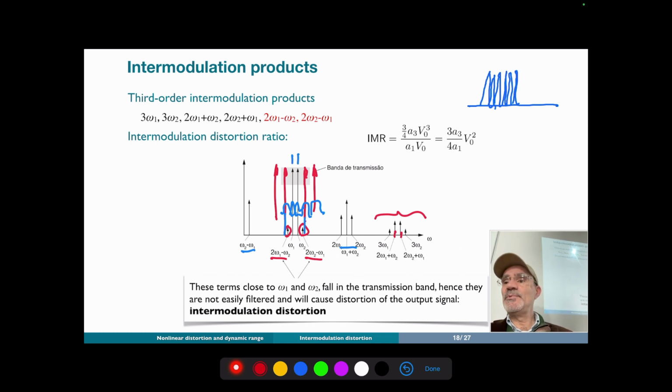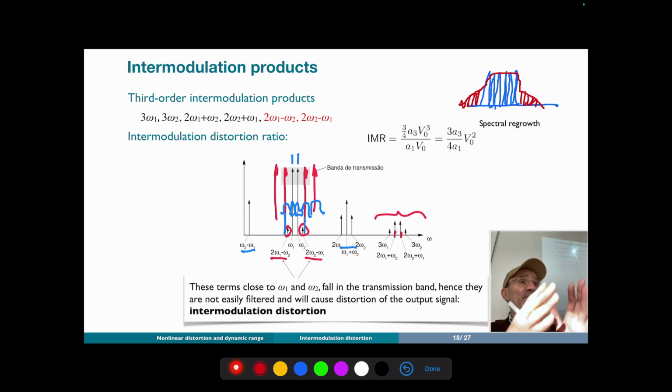Because at the output of the amplifier, the signal has additional frequencies. Some of the intermodulation distortion falls within the band, but some of it falls outside the band, and the terms that fall outside the band increase the noise or distortion and produce this spectral regrowth, because the spectrum has additional frequencies which originally were not there. Okay.